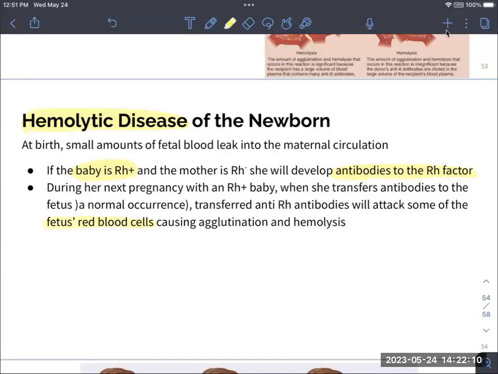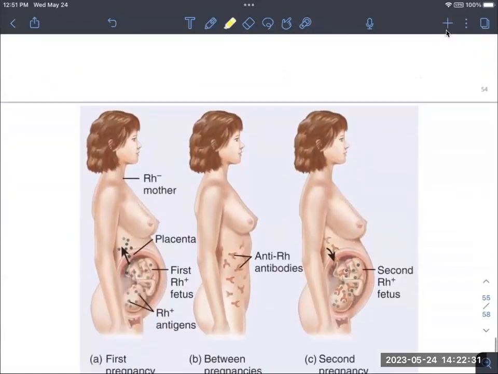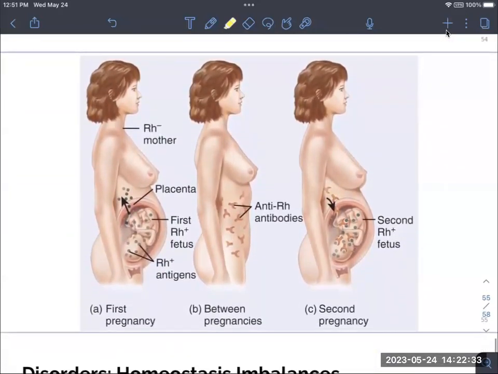They have shots out now, so if they know about this, especially with the first baby being positive, they're going to give that mom that shot right away when they find out that she's pregnant to prevent the breaking of these red blood cells by the mother's immune system. So she's developing these anti-Rh antibodies that'll come in and kill off the baby's blood.